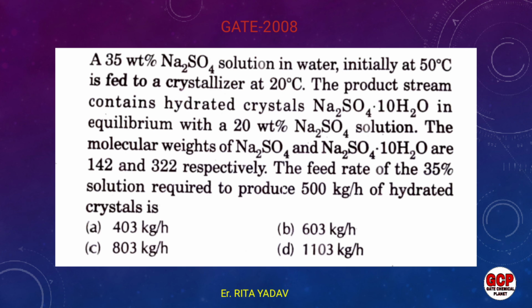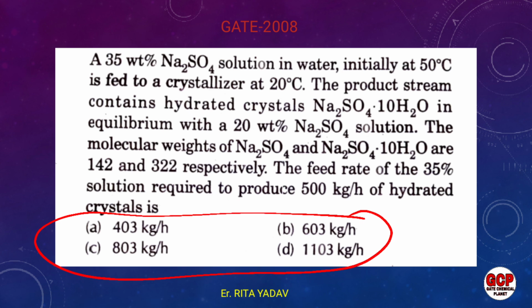The feed rate of the 35 weight percent solution required to produce 500 kilograms per hour of hydrated crystal is. So in this question the feed rate is asked, and 4 options are given here in terms of kgs per hour. So it is quite obvious the feed rate asked here is in kilograms per hour.